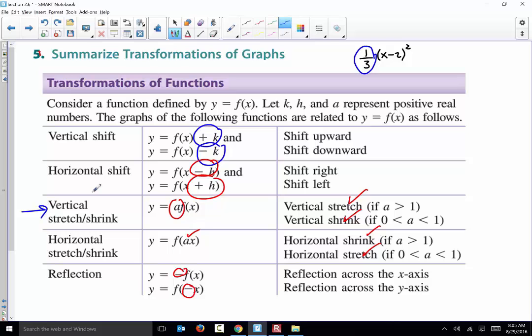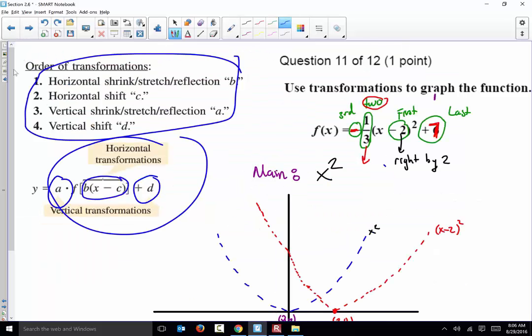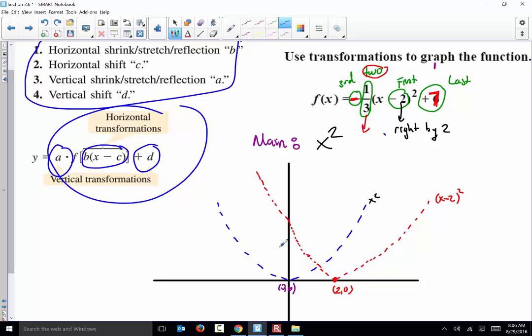It's this guy, right? There is a number in front of our main function. But which way? Stretch or shrink? 1/3 is like 0.333 when you compute it on a calculator, and 0.333 is less than 1. So it's a shrink. I'm going to shrink this vertically by 1/3 times.